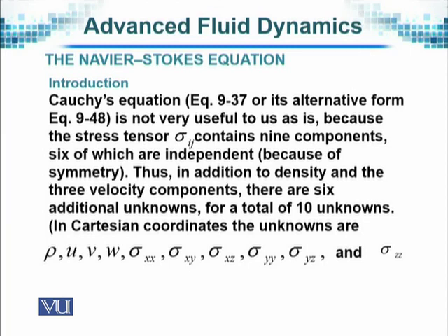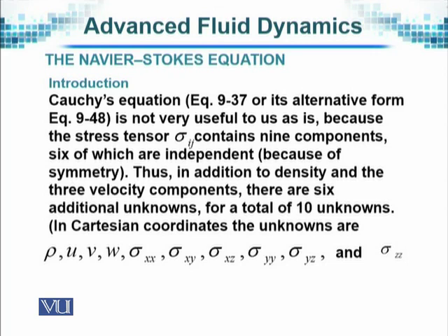The reason being that it contains 6 stress tensors. Altogether there are 9, but it contains 6 components that are independent, by symmetry. It has pressure components also, so 3 pressure components plus the Navier-Stokes component.